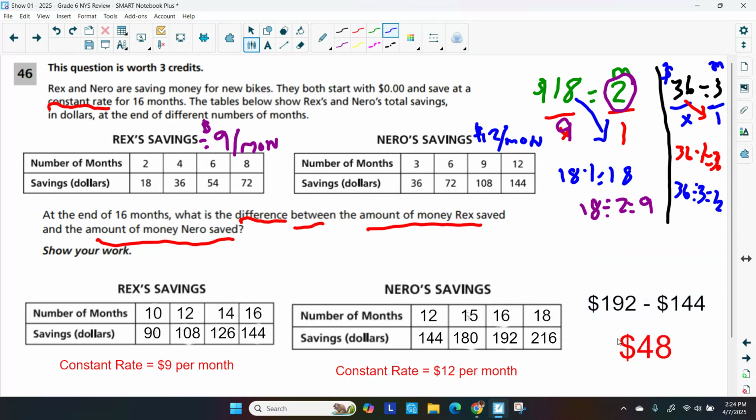So we have to subtract those two amounts. 192, Nero, minus 144 equals $48 is the difference in the amount those guys saved. So, nice work. And let me even circle that because that's important. The 16th month. So we had to subtract those 2 amounts because they reached the 16th month.